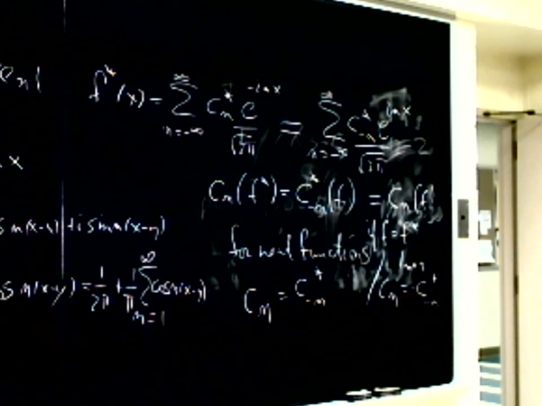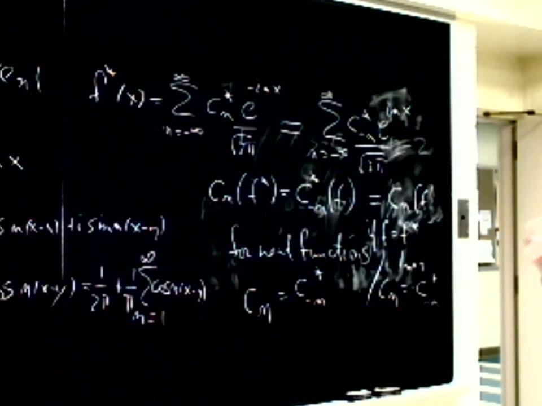Now we've been using the interval 0 to 2 pi. In fact, we could have taken an interval minus pi to pi. Or we could have chosen an interval from 1/2 to 2 pi plus a half. You can use any interval you want as long as it's of length 2 pi.